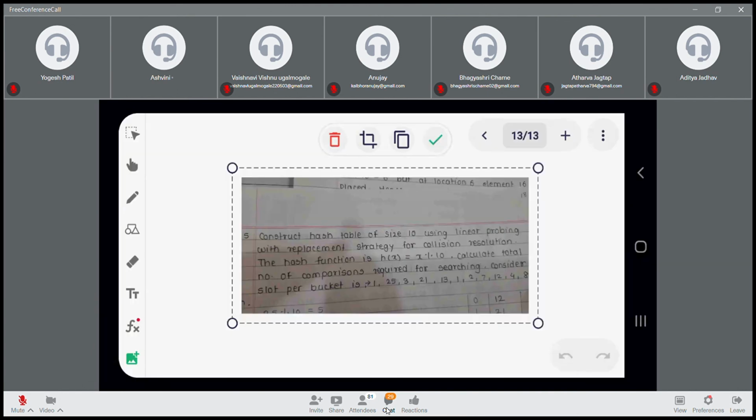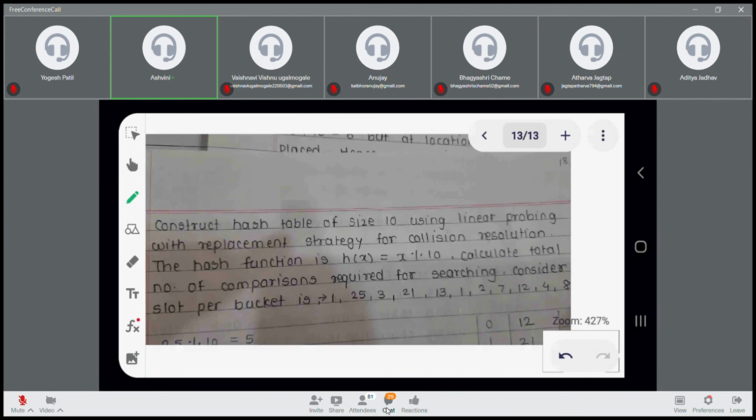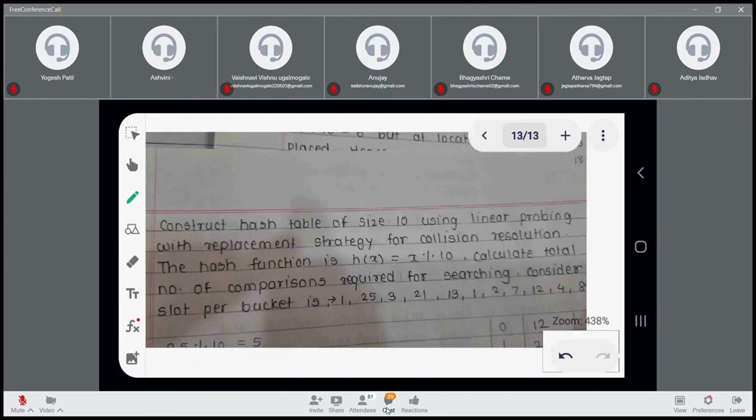Is this visible? Write down the statement.